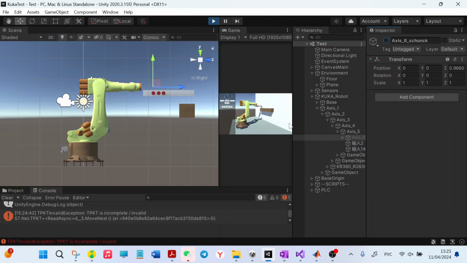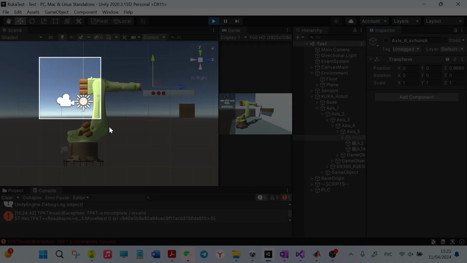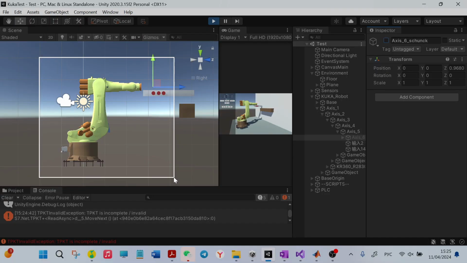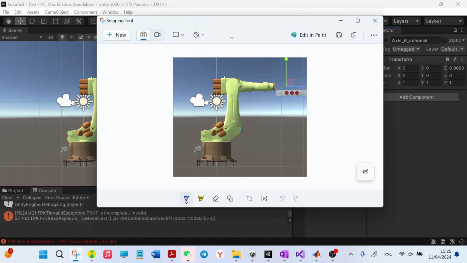So we're interested in this point. So let's take a look at this point here.